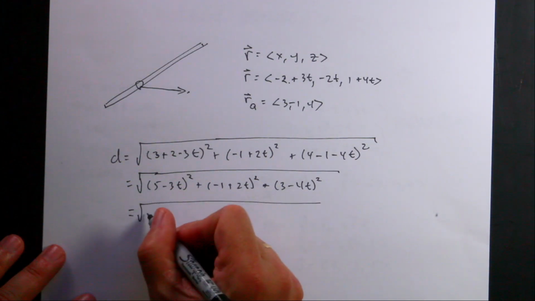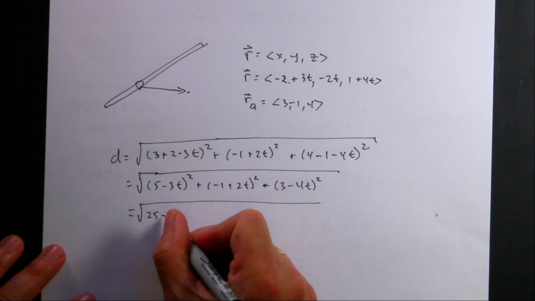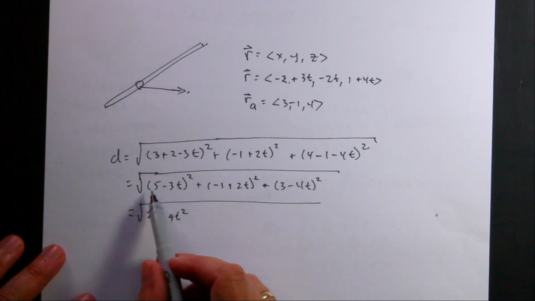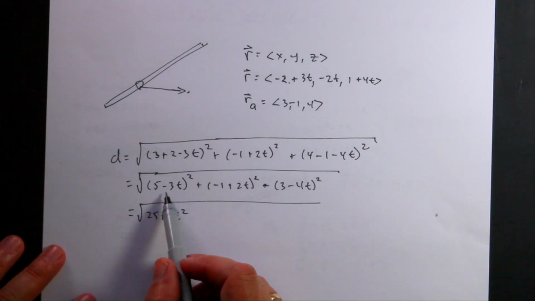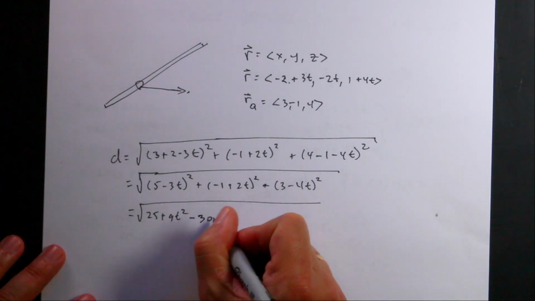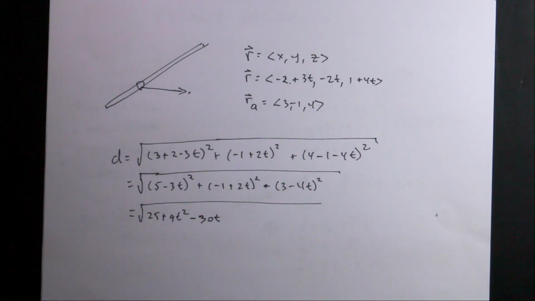So I get 25, and then I get plus 9t squared. Now the cross term is going to be 5 times negative 3 is negative 15. I get that twice, so I get negative 30t. I feel like I've gone off the deep end with the small error. I did work this out beforehand, so I'm going to double check. No, it looks like I'm okay.